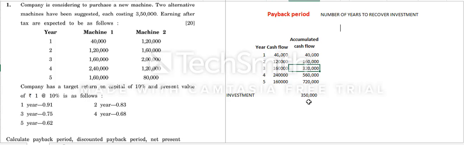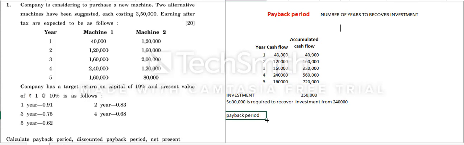So 3,20,000 is the amount we are able to generate after 3 years. So what is the balance amount left? 30,000, right? If we deduct 3,20,000 from 3,50,000, what we get is 30,000. So 30,000 is required to recover from 2,40,000 in the fourth year. From this amount, we are going to recover the balance amount, which is 30,000.